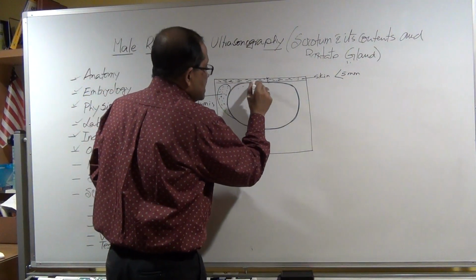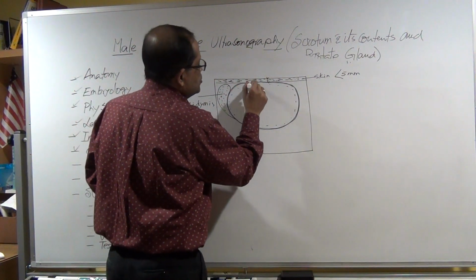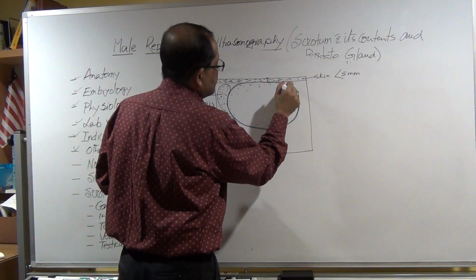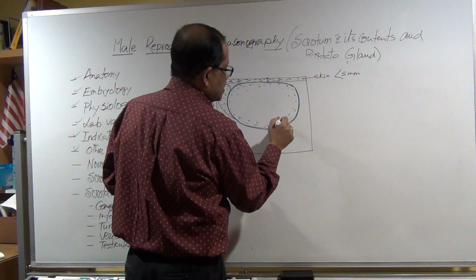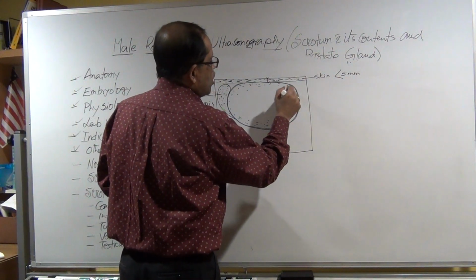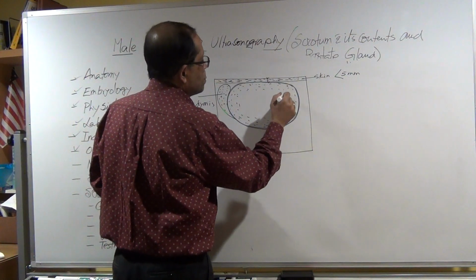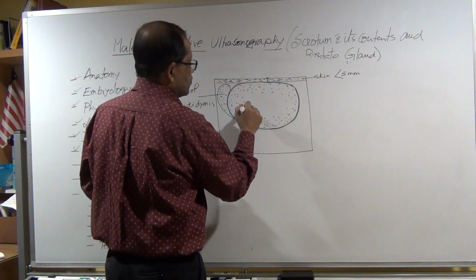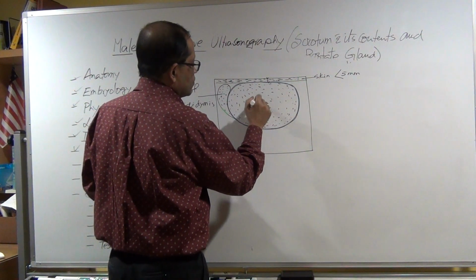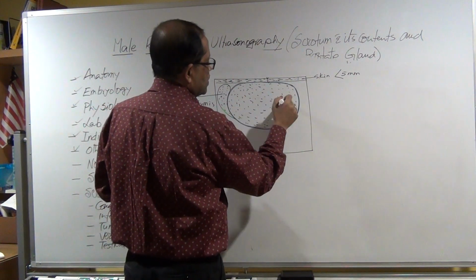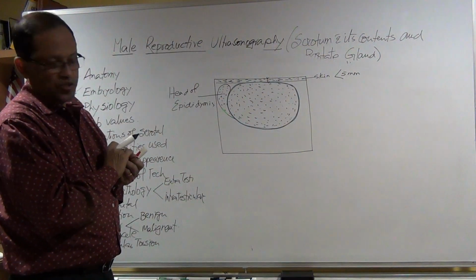So testis is a homogeneous medium level echo. Homogeneous means look the same all over. That is called homogeneous.